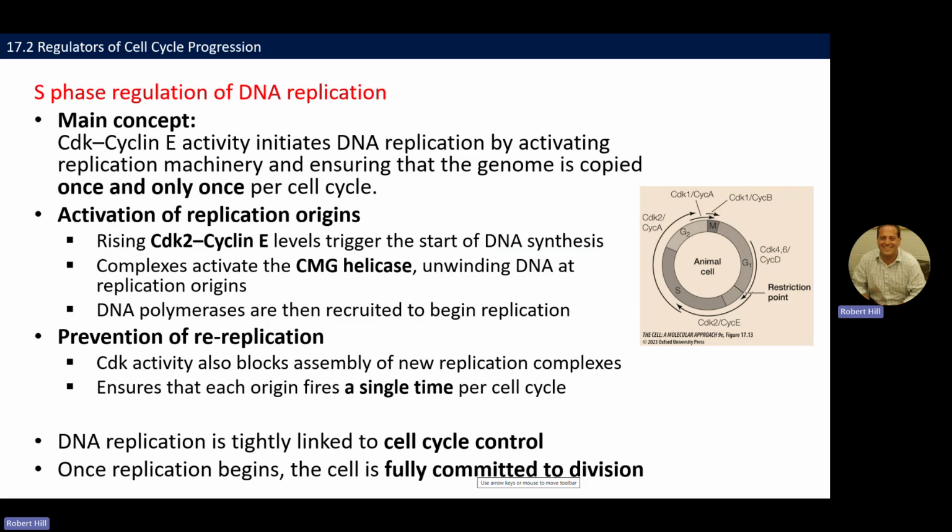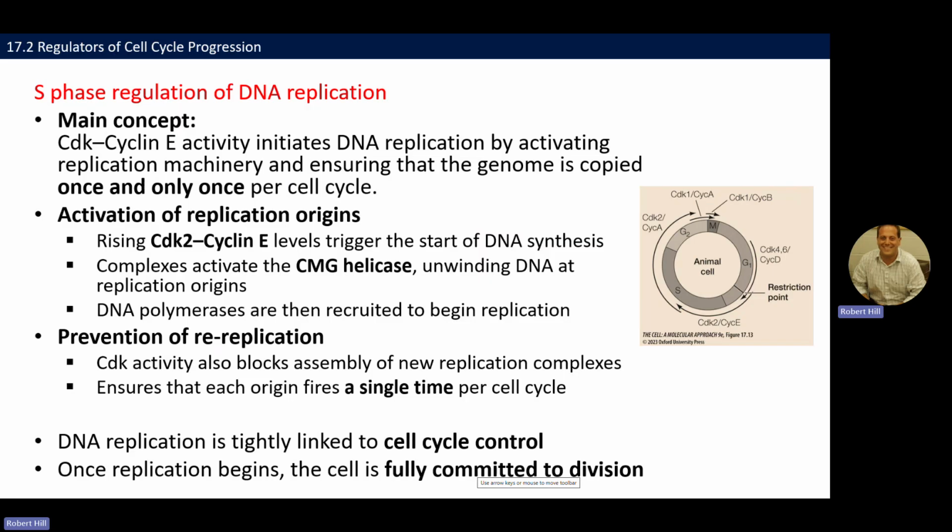One in particular, if you remember back from our studies of DNA replication, is the CMG helicase complex that unwinds the DNA replication origins. So rising levels of CDK2 and cyclin E will activate CMG helicase. After CMG helicase unwinds DNA replication origins, DNA polymerases are then recruited to begin synthesis.